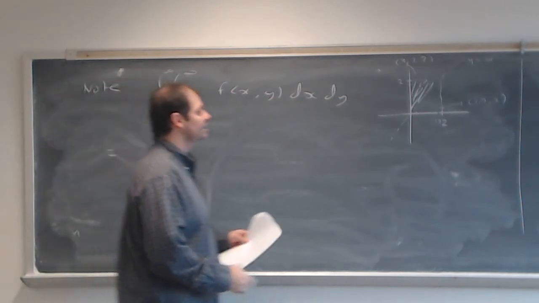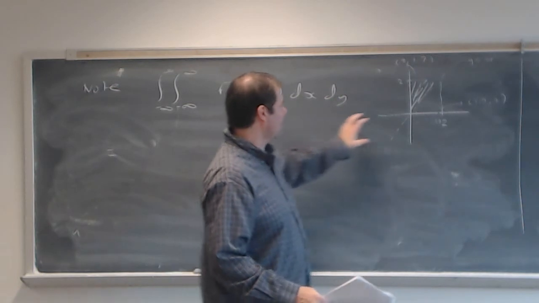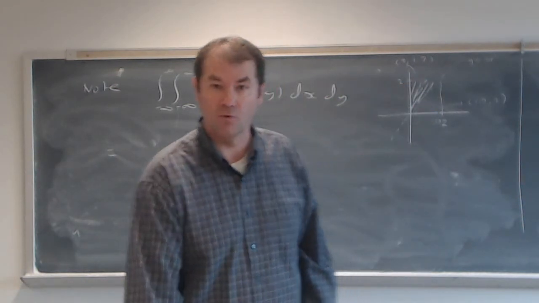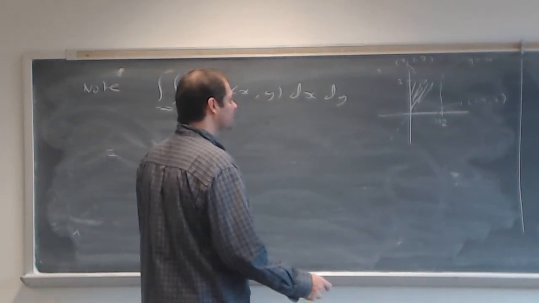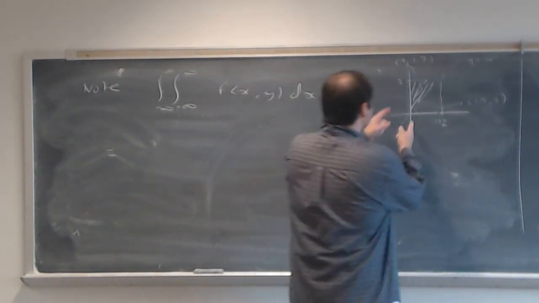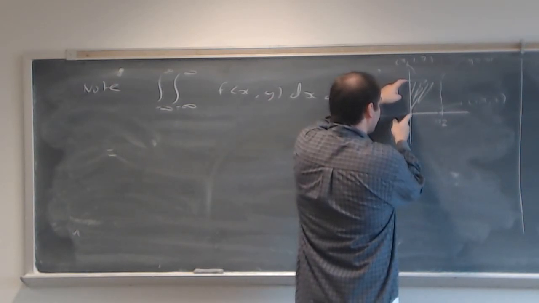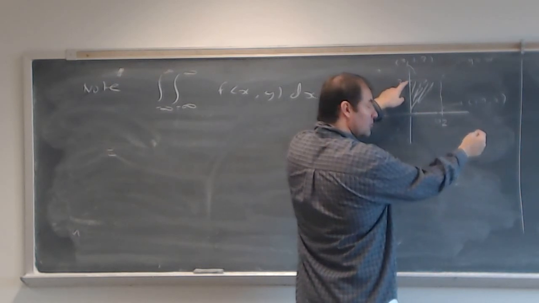So I want to rewrite it in terms of the specific joint PDF that we have here and indicate the region where we're integrating over the non-zero part of the PDF. And so here's what we do. I'm going to integrate with respect to x and y. And so what I'm thinking is the first integral has to do with the last integration that we do.